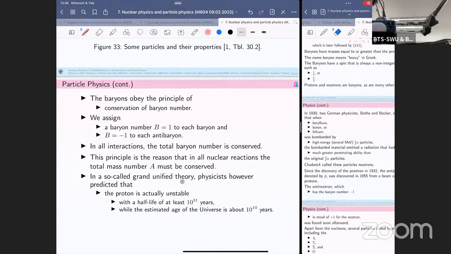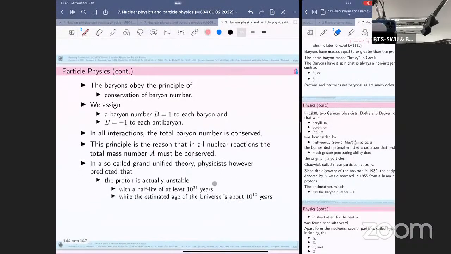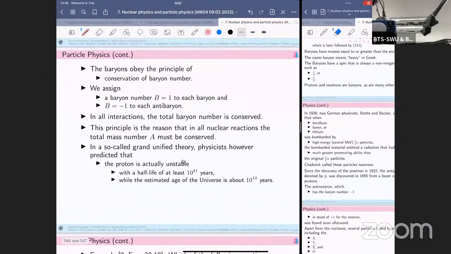In a so-called grand unified theory, physicists predicted, however, that the proton is actually unstable. The half-life of proton is around 10 to 31 years, okay, which is extremely long. I don't know how many million years, very long.